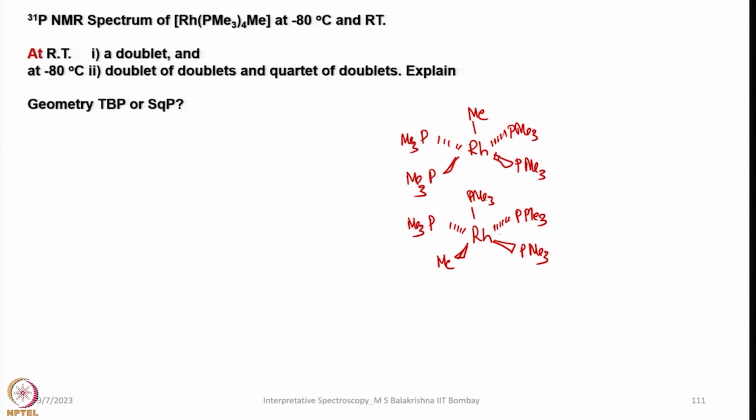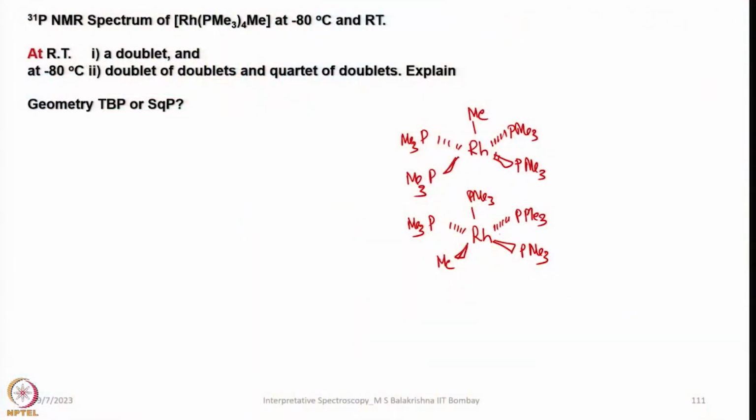I don't think I can write any more isomers for square pyramidal geometry here; only two are possible. Now another possibility is trigonal bipyramidal. So here let me put two phosphines in the axial position and two in the equatorial plane, and then one methyl group here.